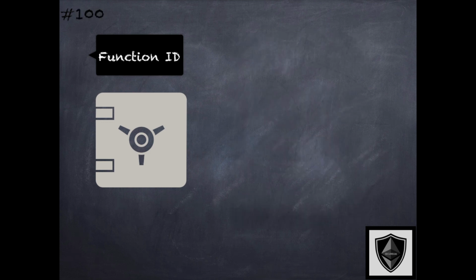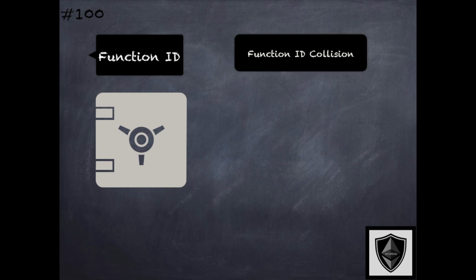There is a security pitfall related to function ID collision between the proxy and implementation in proxy-based setups. Recall that Solidity and EVM have the notion of a function selector, which is the Keccak hash of the function signatures.